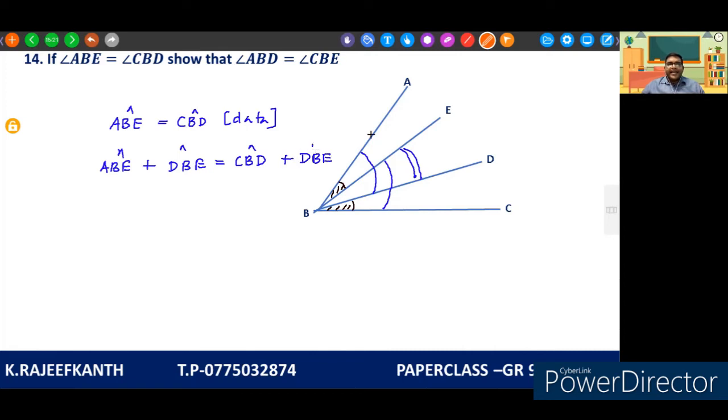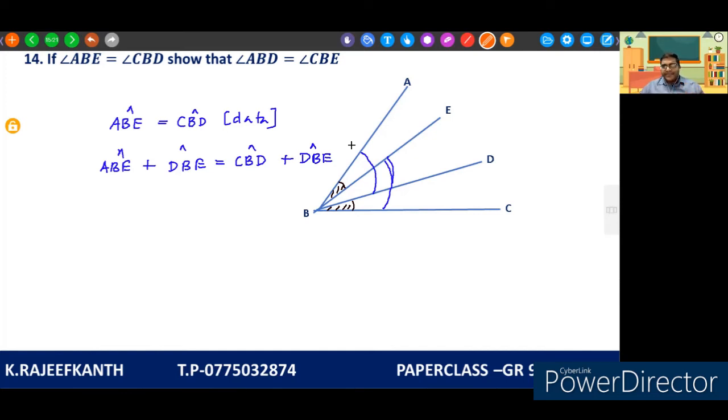Why am I adding this angle? Because that angle is common to these two angles, no? When we are considering angle ABD and angle CBE, this angle is the common angle for these two, right? So I have to add that common one. Then only we can prove that angle ABD equals angle CBE.